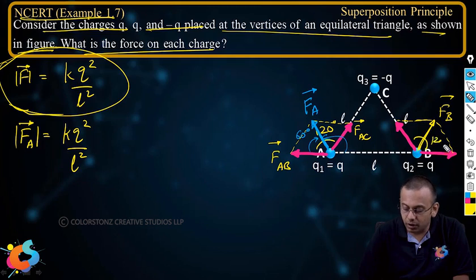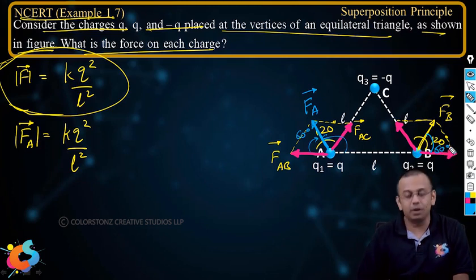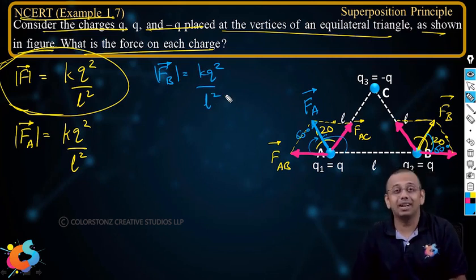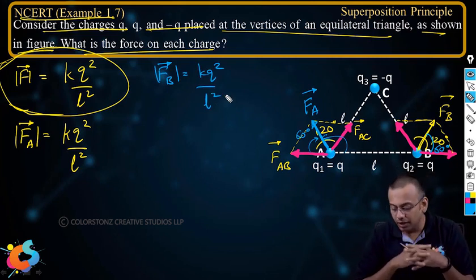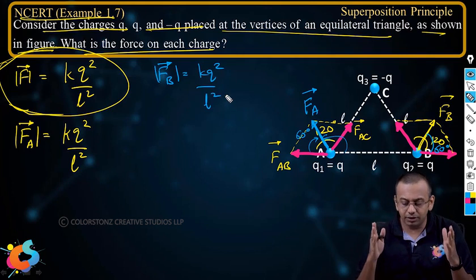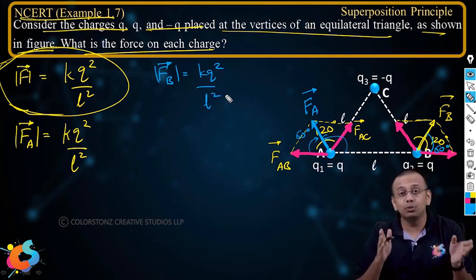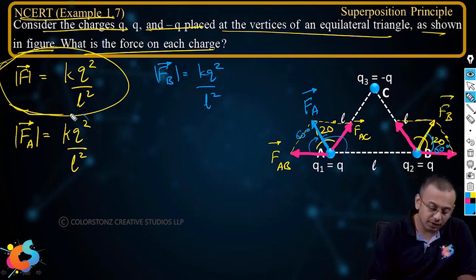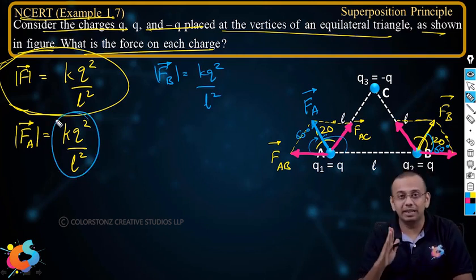These two are also at 120 degrees. The resultant will be at an angle of 60 degrees and so on. So FB is also going to have the same magnitude, kq square by L square. All right. So a simple calculation for A and B. Two forces are there at 120 degrees having the same magnitude. So the resultant also has the same value.